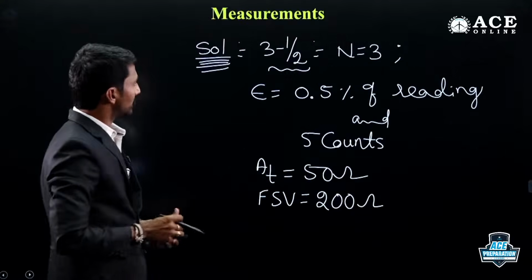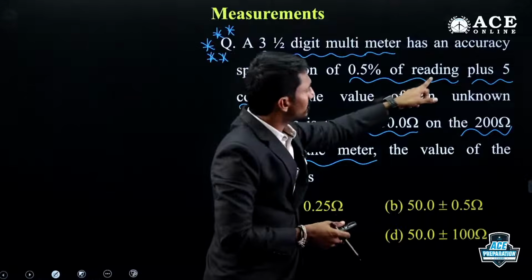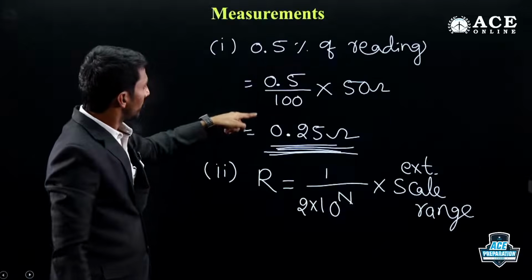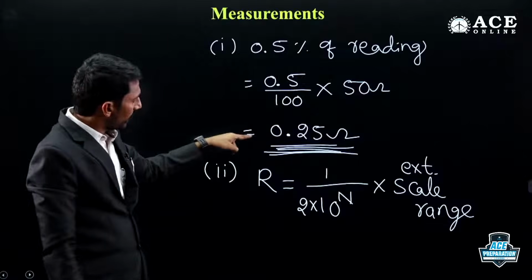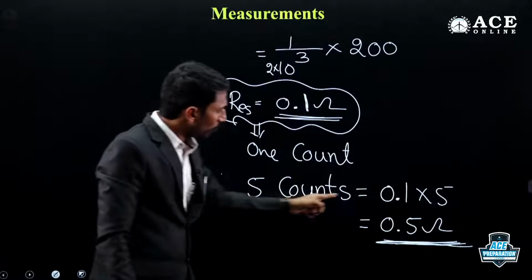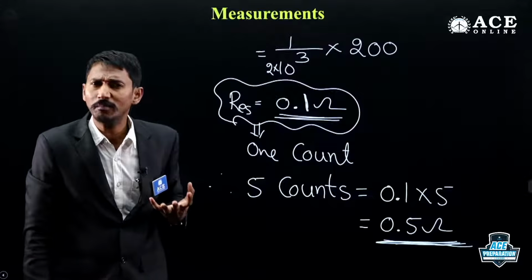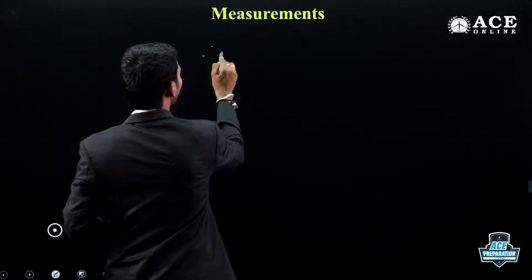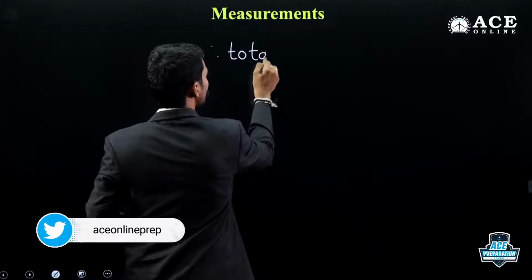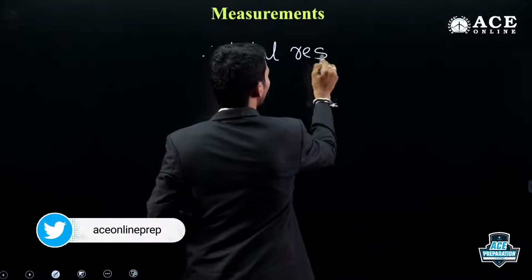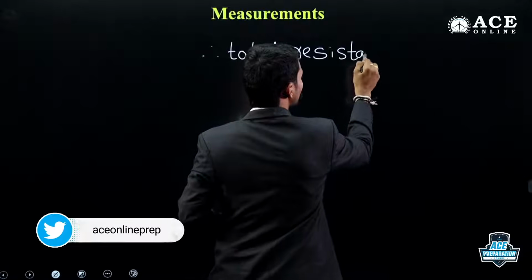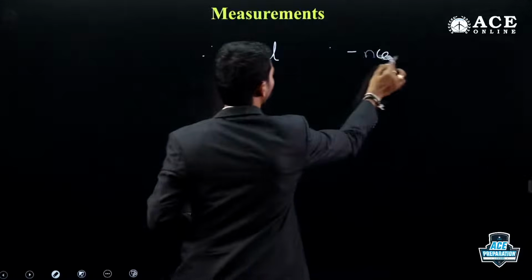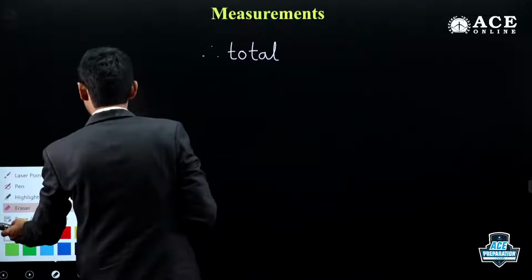Now verify. Sir, 0.5% of reading plus 5 counts error is there. Yes. Here the 0.5% of reading error is 0.25. The 5 counts error is 0.5. Determine the total resistance? Yes. So therefore, we can say total error in the resistance.